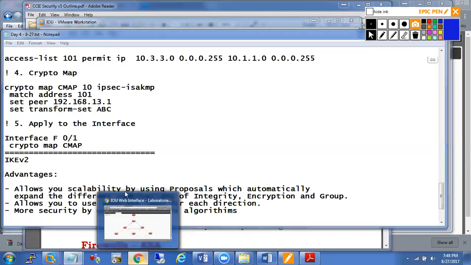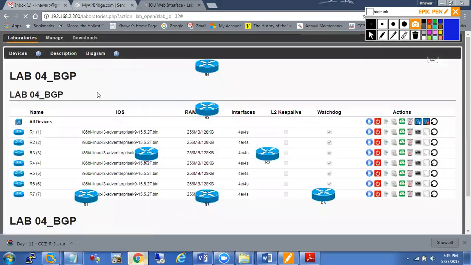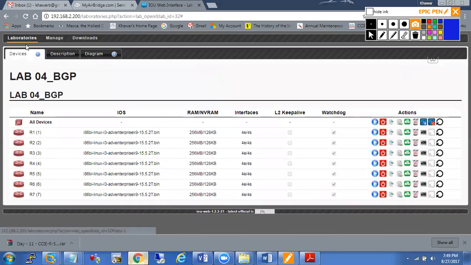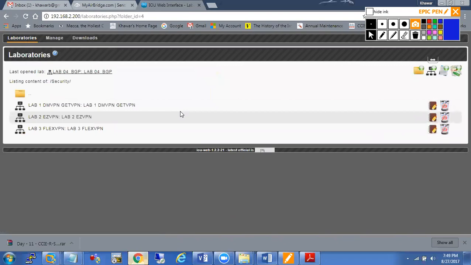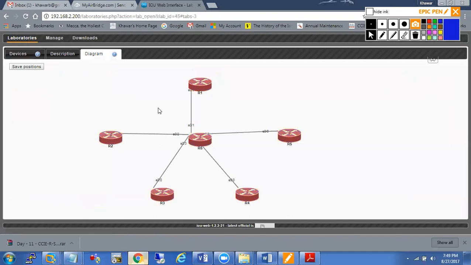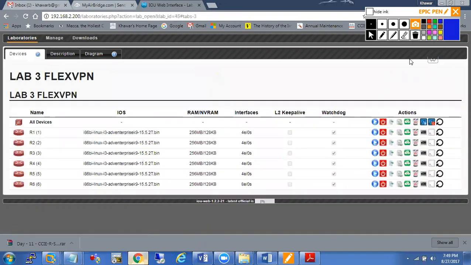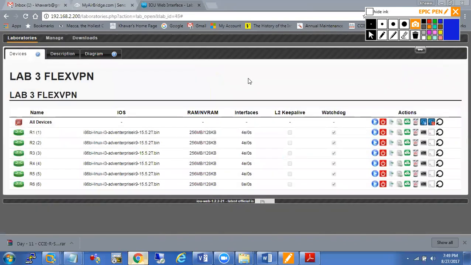Now what I'm going to do over here is bring up my topology that can support different ones of these VPNs. Let me go to the security one. I'll just check this. Yeah, this is good enough. I'm going to launch these routers over here to show you different IKEv2 implementations and the commands to do it as well.